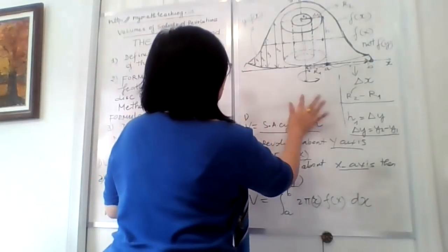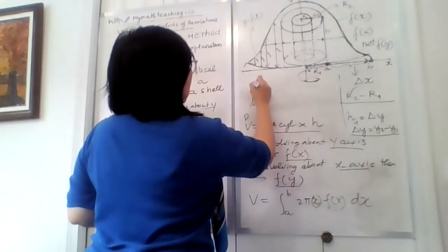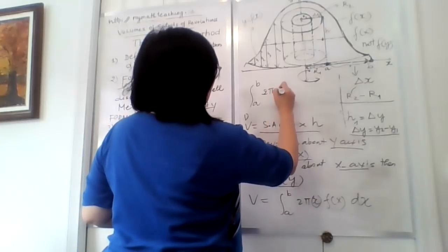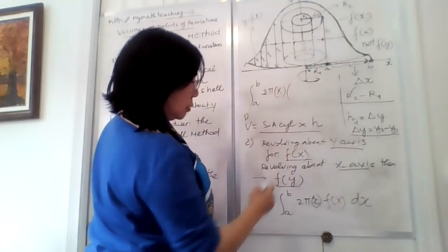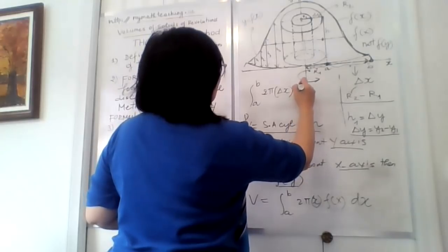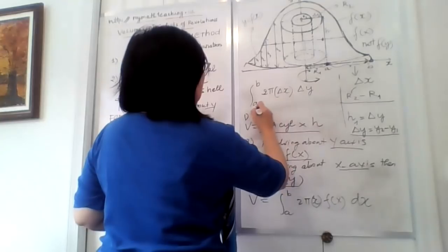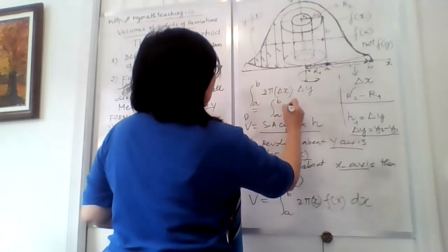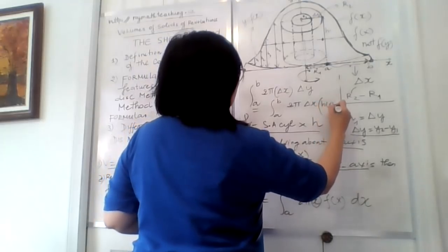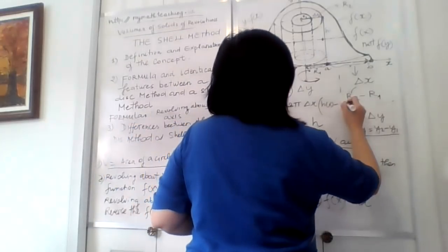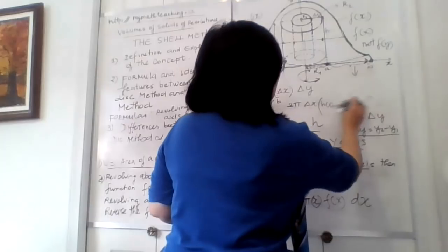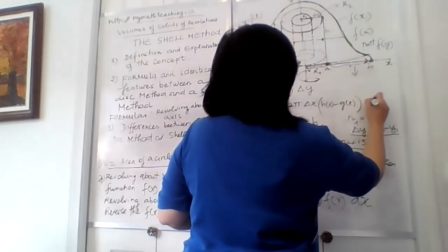Also, another formula will be generated from A to B of 2 pi x times delta y, and that is in terms of the two functions, you will have 2 pi x times h of x minus g of x, or whatever you want to call it, dx.